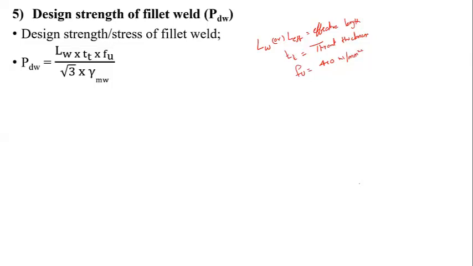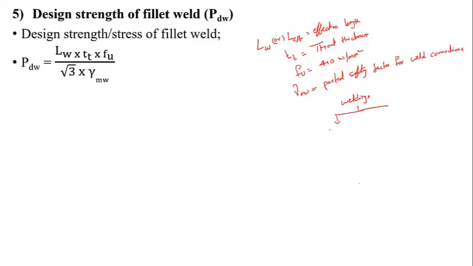And here gamma MW is the partial safety factor for weld or for weld connections. Now here gamma MW depends on two types of welding process. Technically all the weldings can be done in two ways.